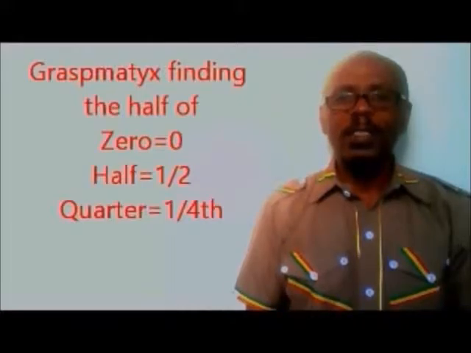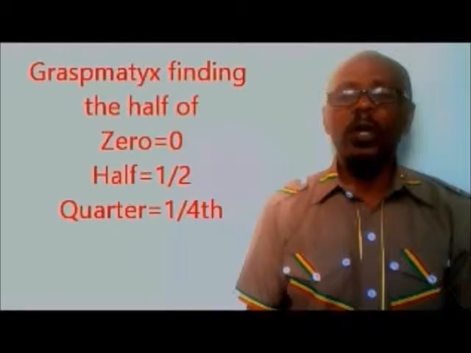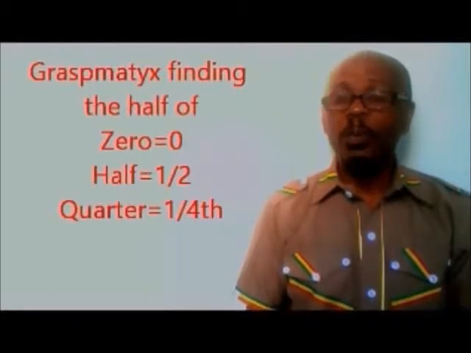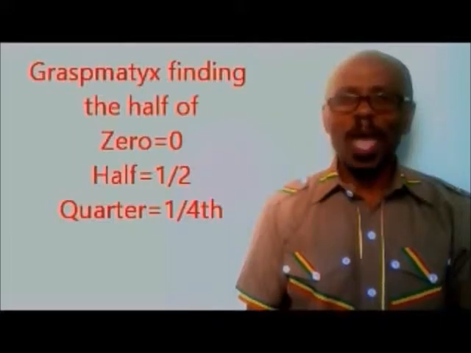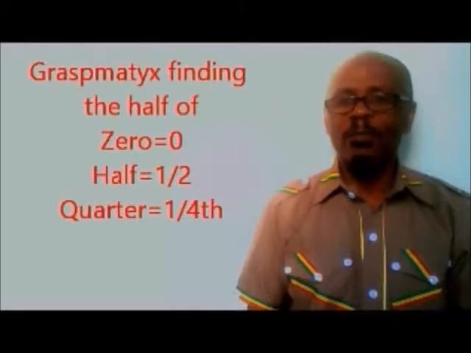On this day's episode of Grassmatics, we are going to learn to find the half to odd numbers and also the half to fractions and decimals. Well, actually fractions. Decimals are easy to find a half because once you learn to find the half of odd numbers, like most people find the half to even numbers.